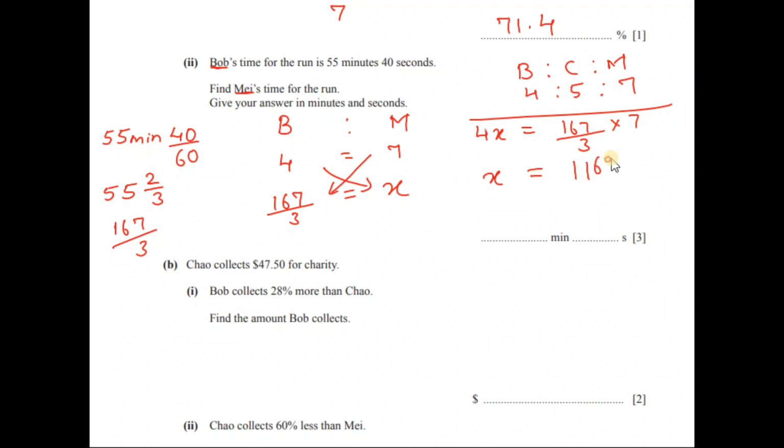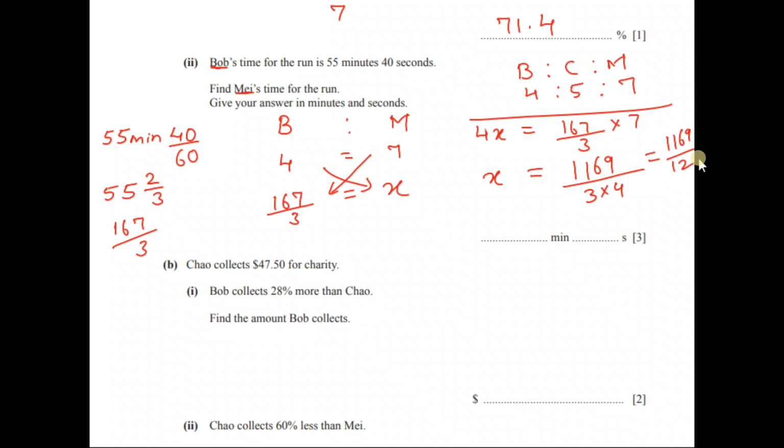So I'll just do it directly in the form of x. 1169 by 3 was there, the denominator, and this 4 will also come. My final answer I'm getting is 1169 divided by 12.